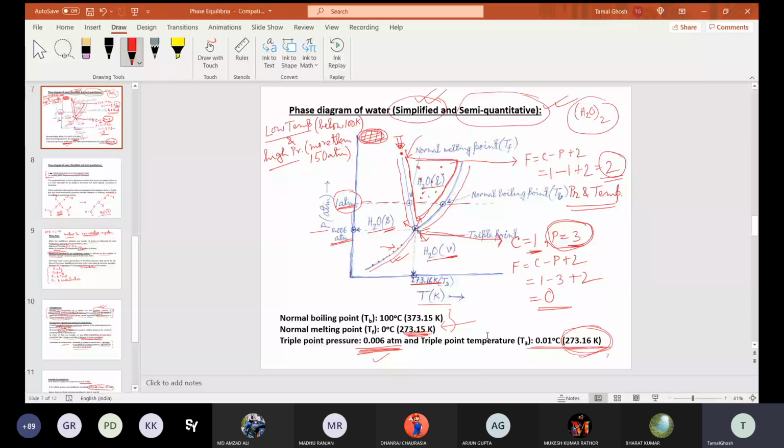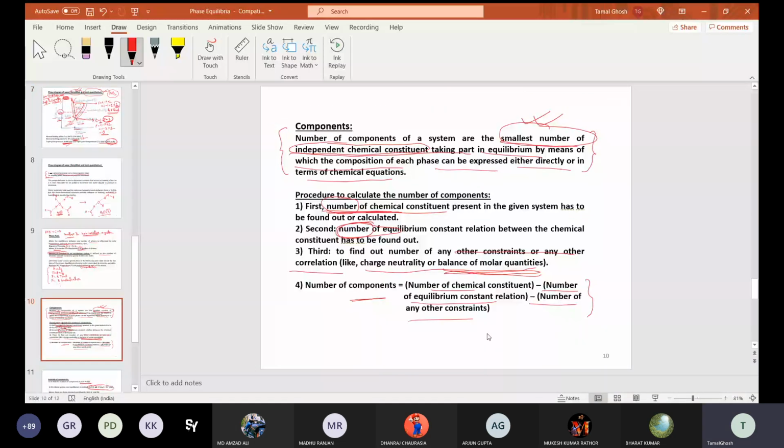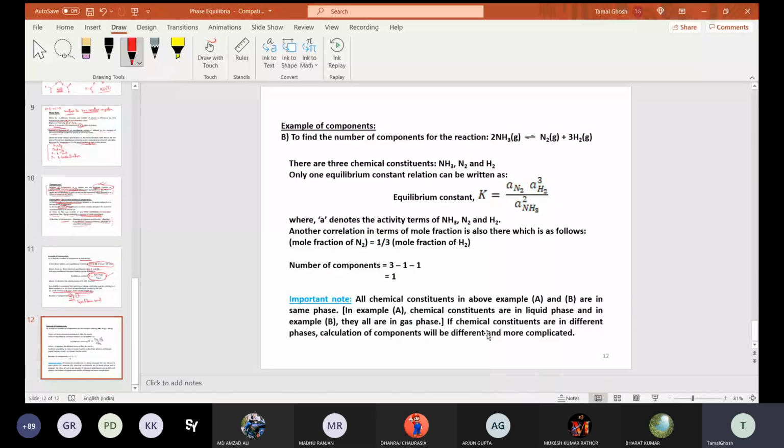Now the second example is the degradation of ammonia to nitrogen and hydrogen. We have 3 chemical constituents: ammonia, nitrogen and hydrogen, and the equilibrium constant can be written in the same way. The stoichiometries go to the power of the activity terms: activity of hydrogen cubed, activity of ammonia squared.